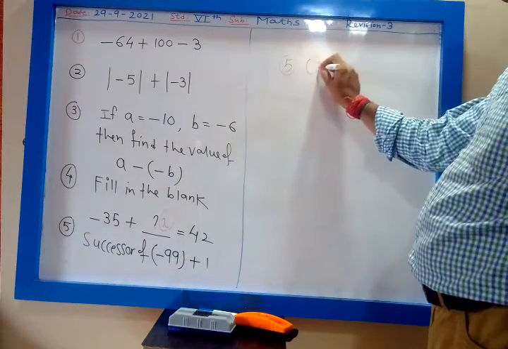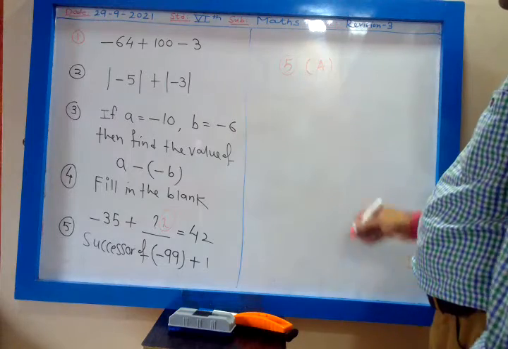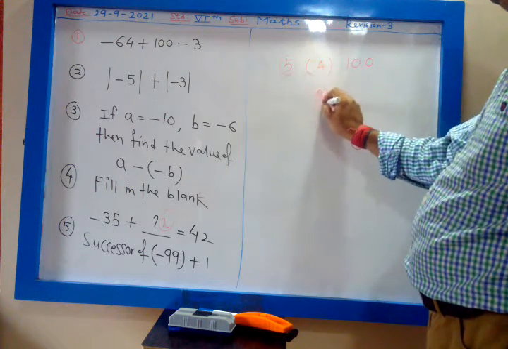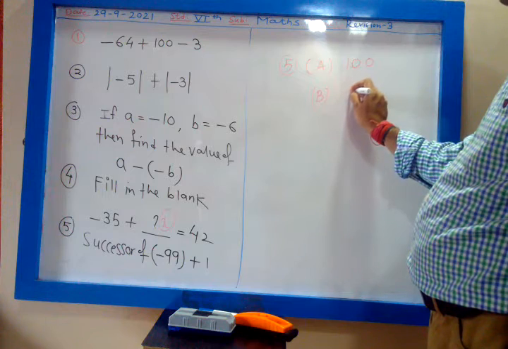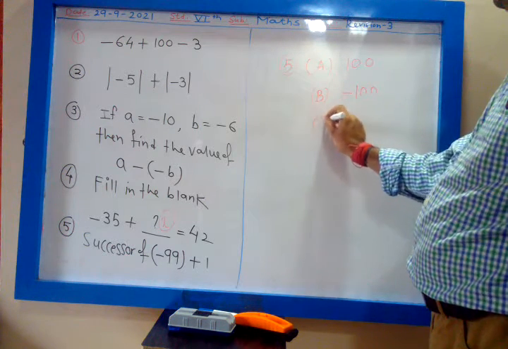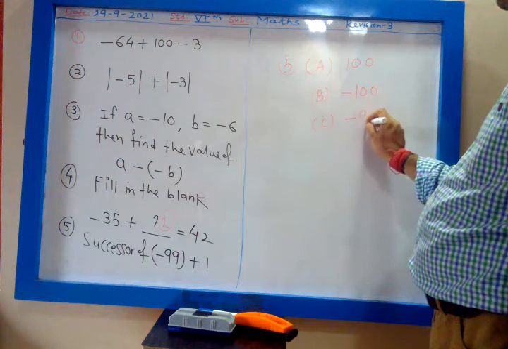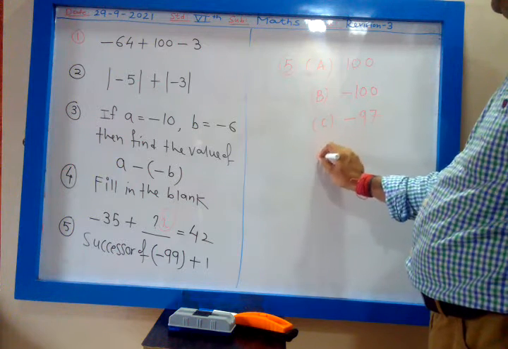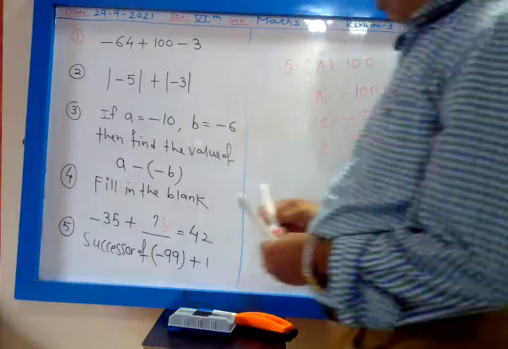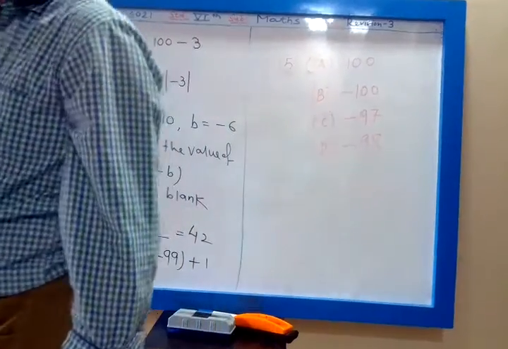Wait now, wait my dear. Option A is 100. Option B is minus 100. Option C is minus 97. Option D is minus 98. Okay, send me the answer.